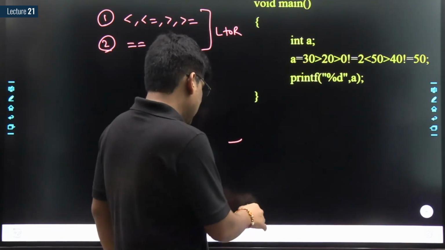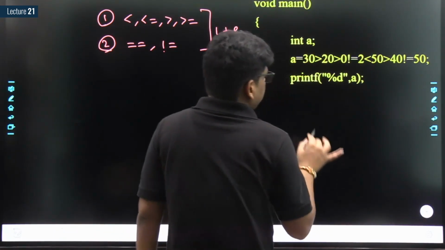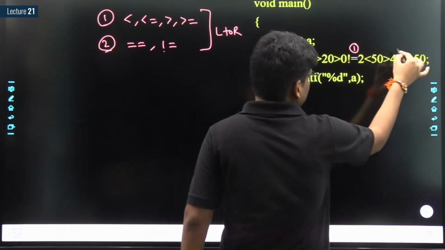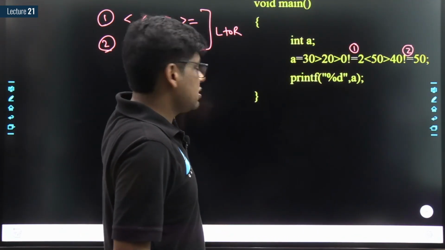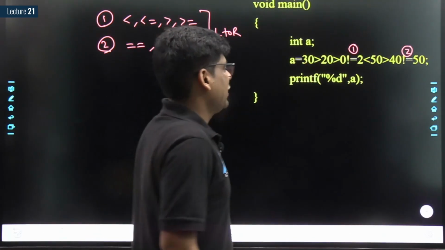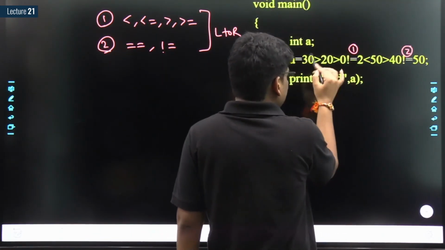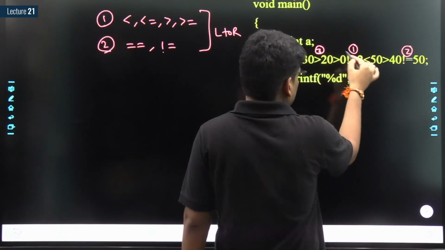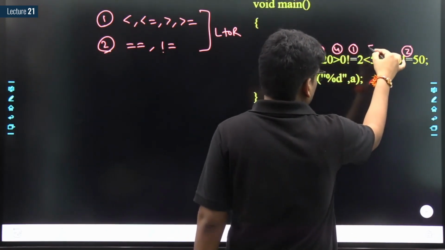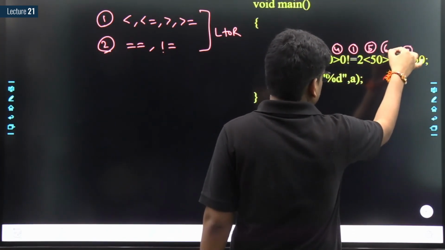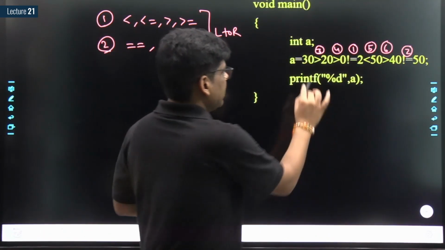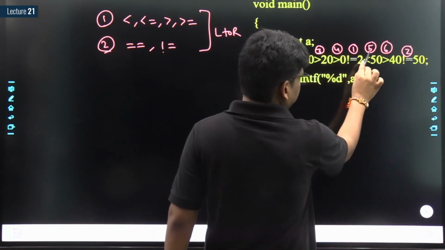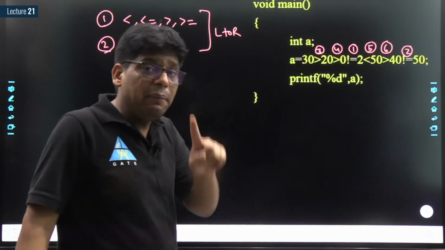So the first and last operators will be performed last. Among the remaining third, fourth, fifth, and sixth, which one will be performed first? These operators are all of the same priority.